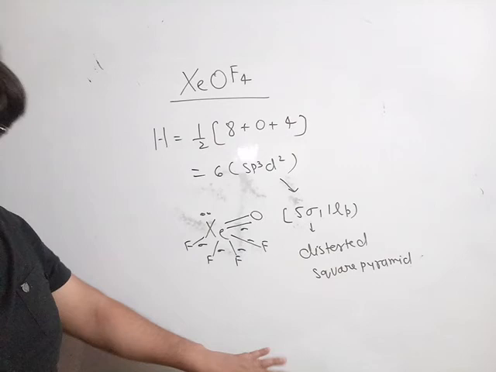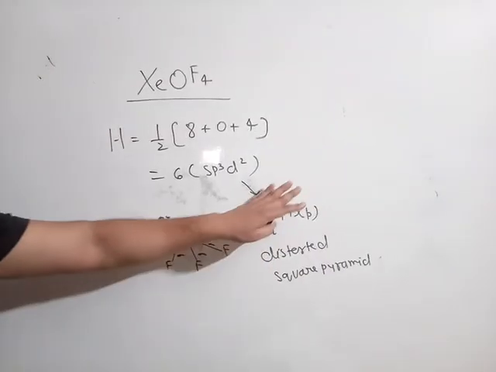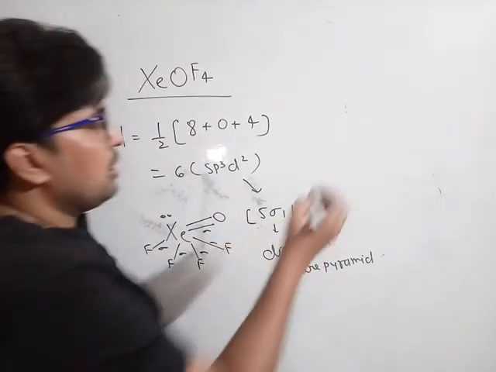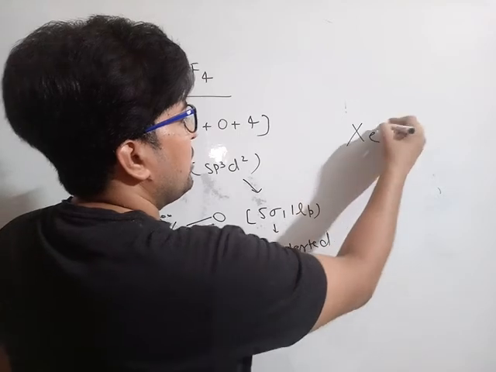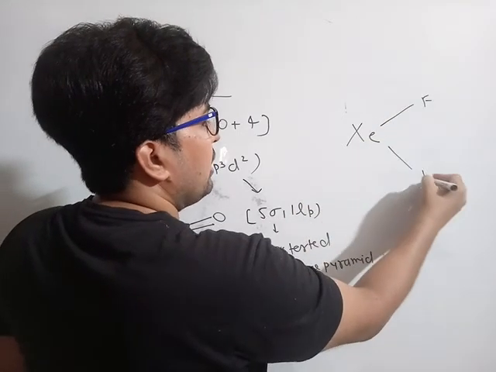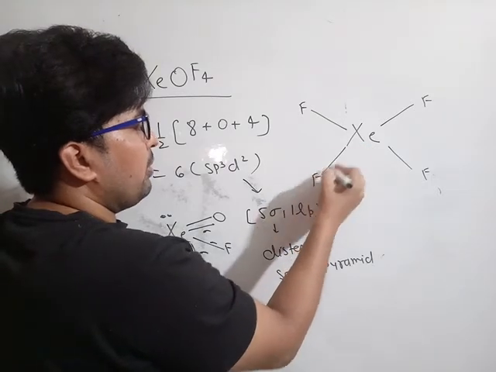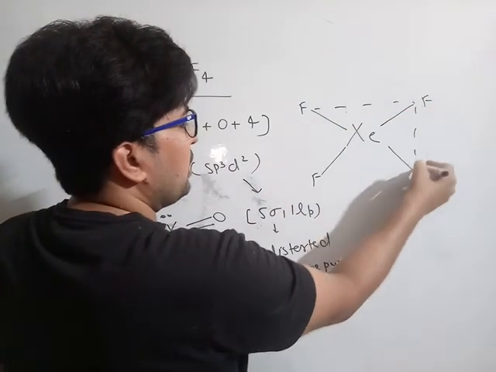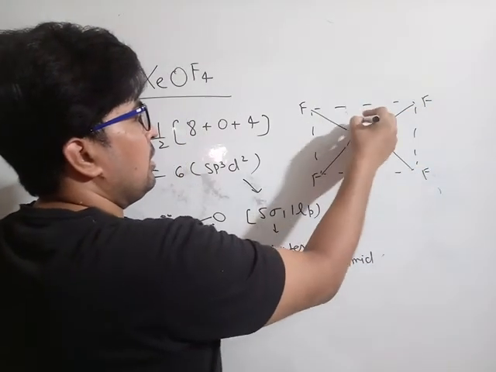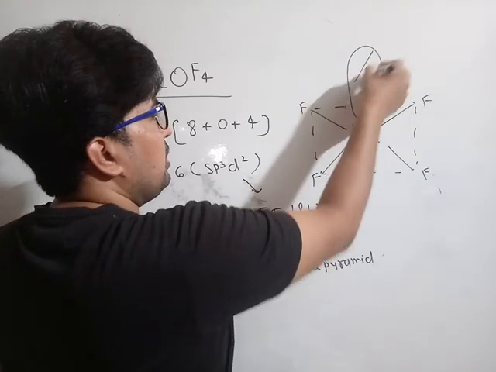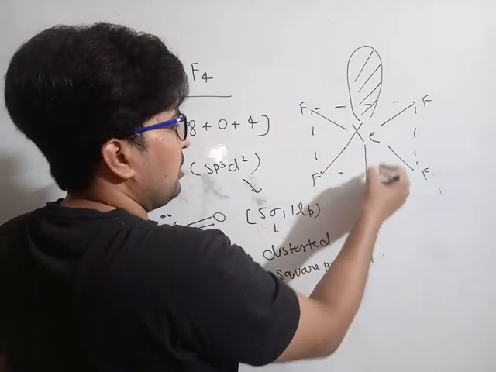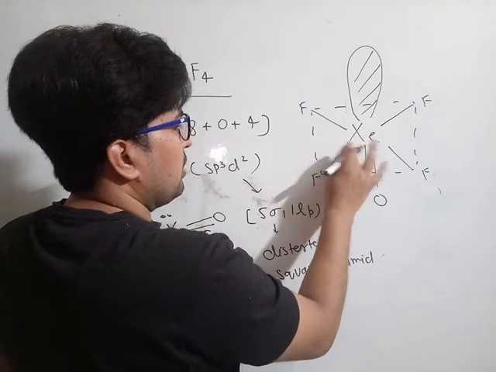We can make it like this. Let's say we are making it in this part here. Let xenon be here. F will be in the equatorial position in the plane. You all know F will be in the equatorial position in the plane here. Let's say we are having a lone pair over there and xenon over here.